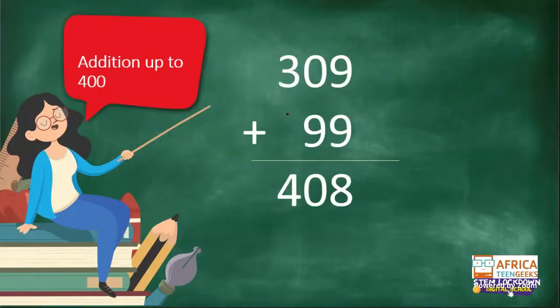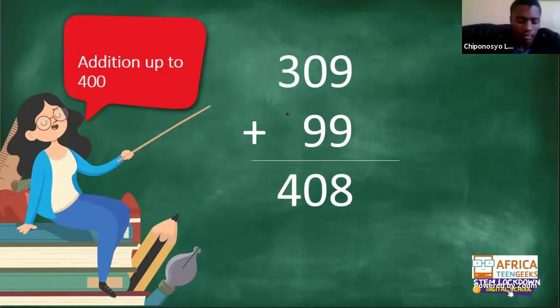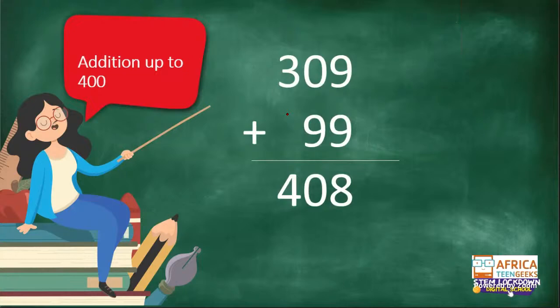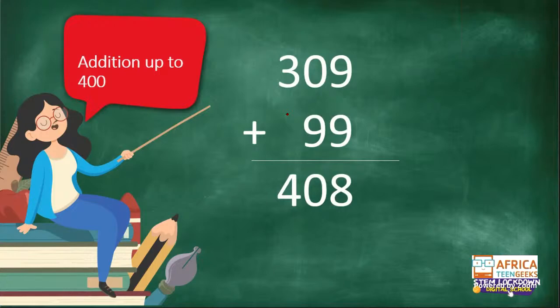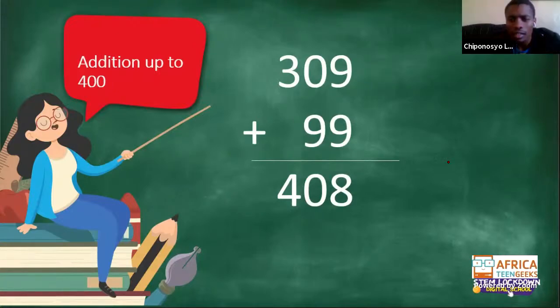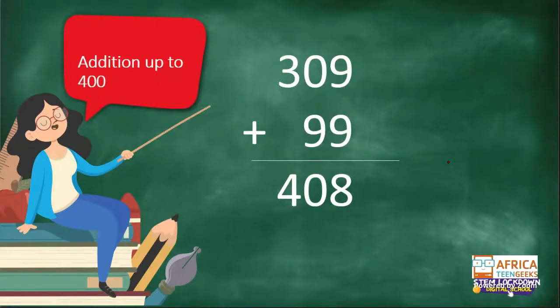What I did was that I took the 9 away, and then I put the 90 was the 300, and then I took the 1 away from the 9, and then I plus the 8 and the 9 together. That will equal 408.